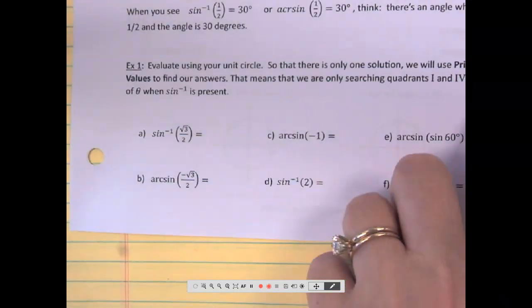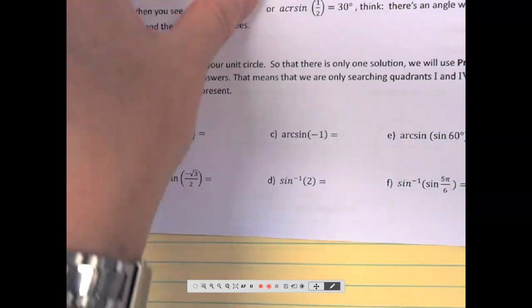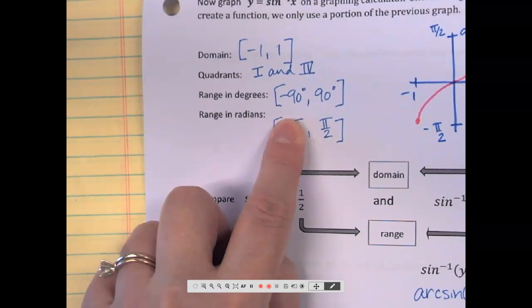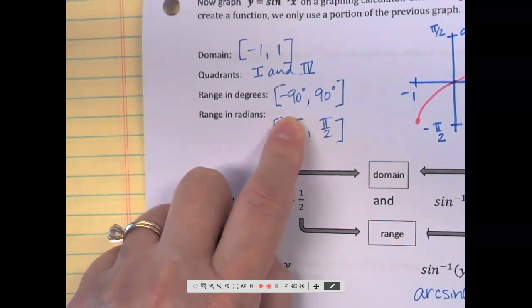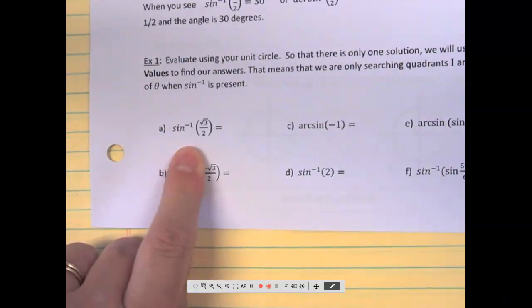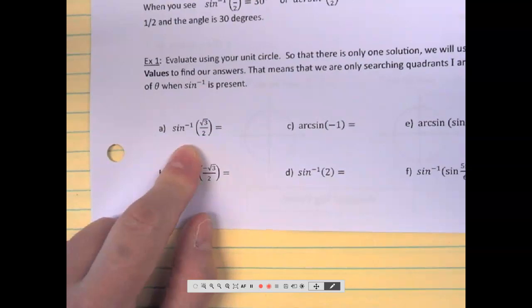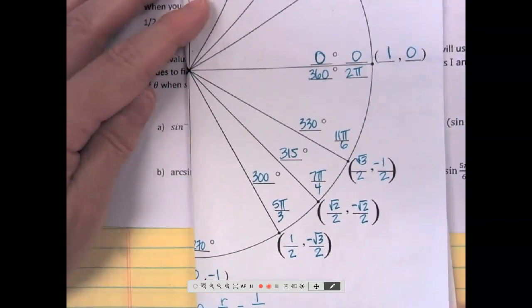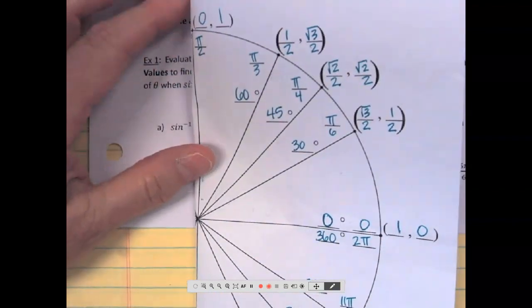Okay, principal trig values are these that are using just these two quadrants, so that we're looking at a function, so that we're all getting the same answer, and just one answer. Here we go. There is an angle whose sine is square root of 3 over 2. I am only looking in these two quadrants.